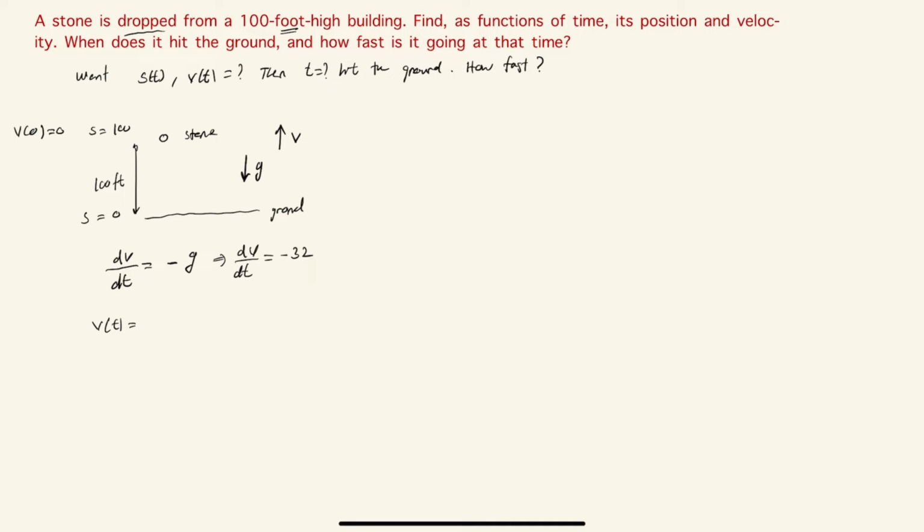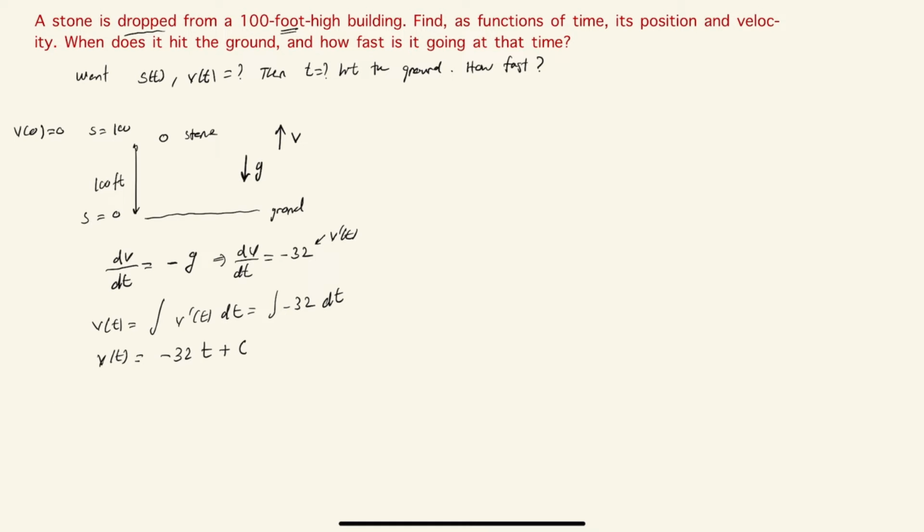Now note here velocity as a function of time is going to be the integral of v prime of t, that is the integral of minus 32 dt. That's going to be equal to minus 32t plus c, where c is a constant.